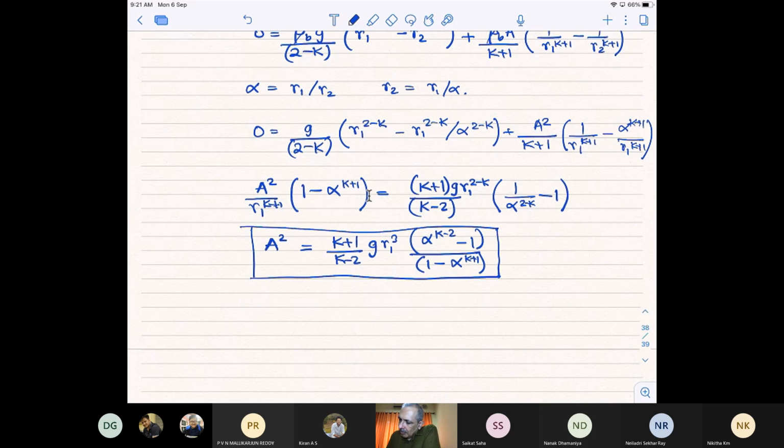So according to my notes, I've only written down the final expression, that this should actually be 1 minus alpha.